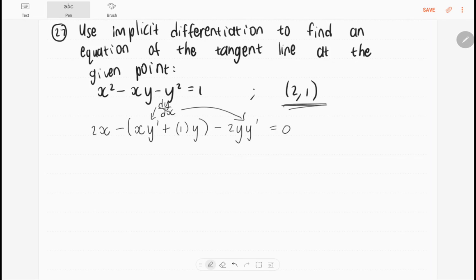So I'm going to write all of my terms containing y prime together. And then I'm going to take my other terms to the other side so that I can make y prime the subject. So I'm going to have 2x minus y prime, x plus 2y minus y equals 0.